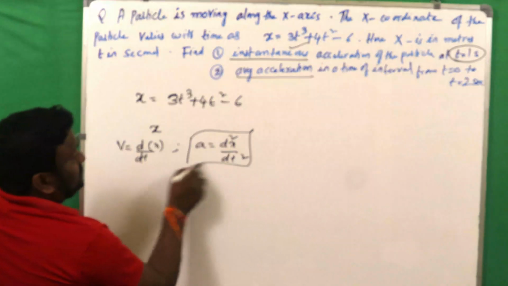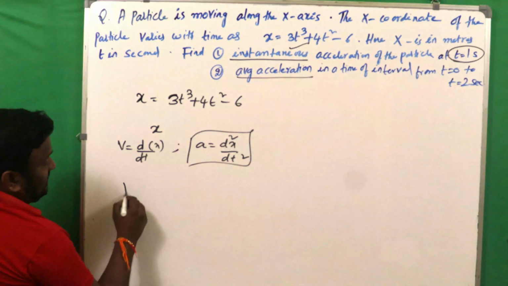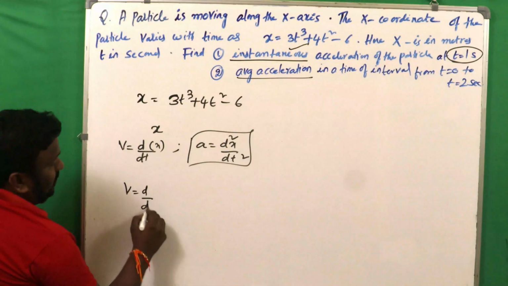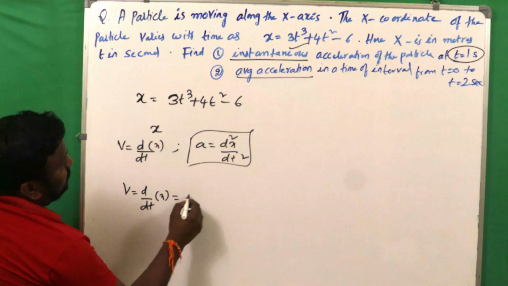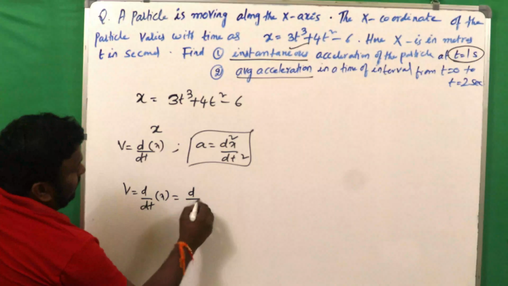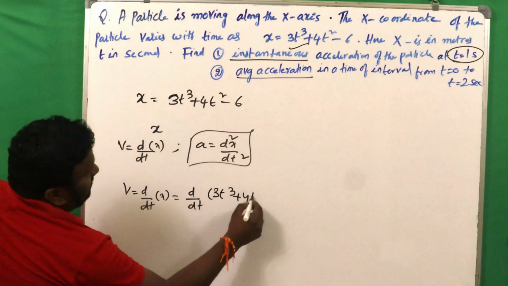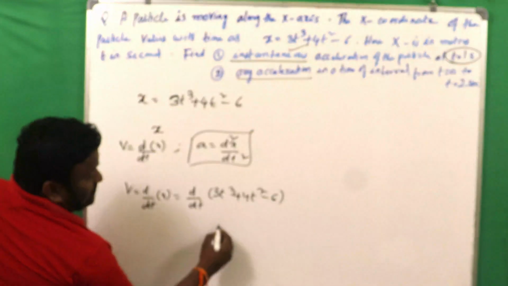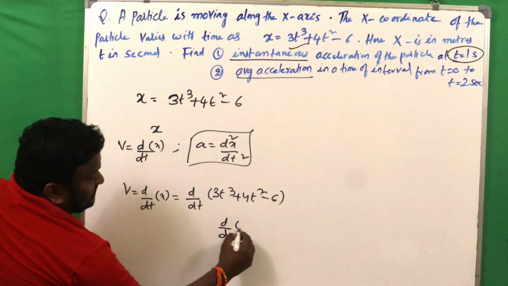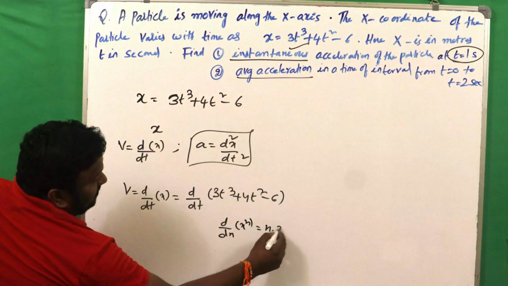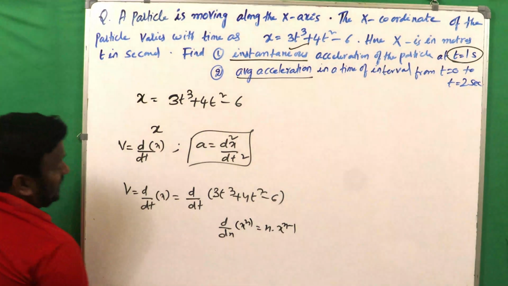Now I am going to write here, first thing, v = dx/dt. That is d/dt of (3t³ + 4t² − 6). So what we know, d/dx of xⁿ is equal to n xⁿ⁻¹.